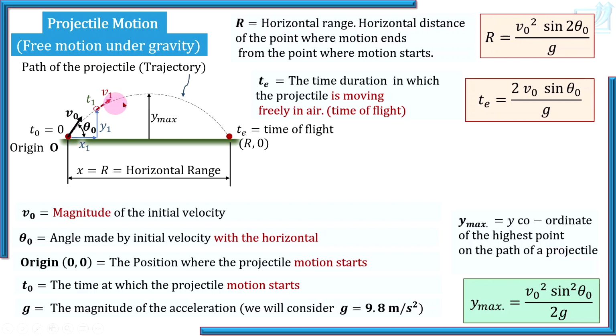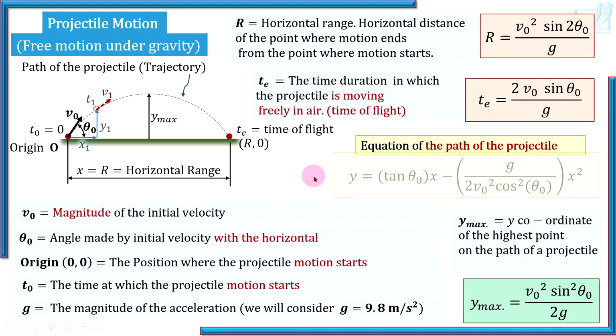Now this curve along which projectile moves, that is path of the projectile. So what is equation of path of projectile? Here it is. Right now don't worry about proofs. We'll prove it. But at this stage you simply remember this formula. This is equation of path of projectile.